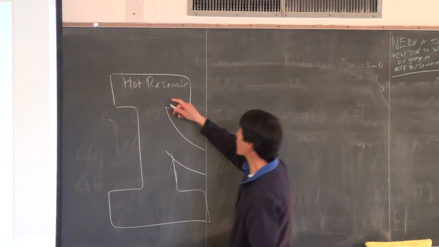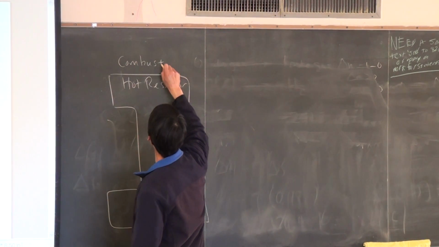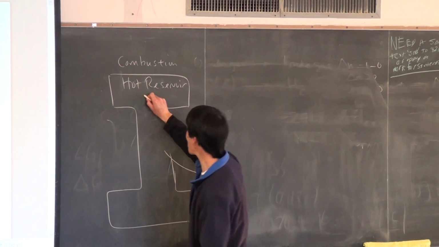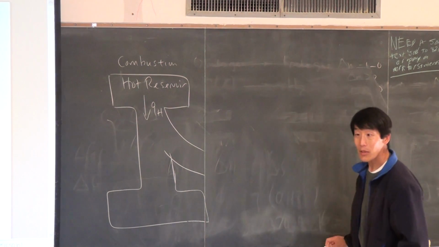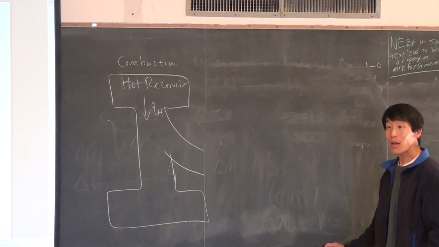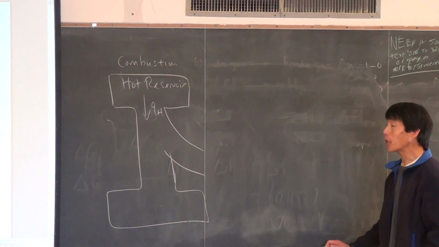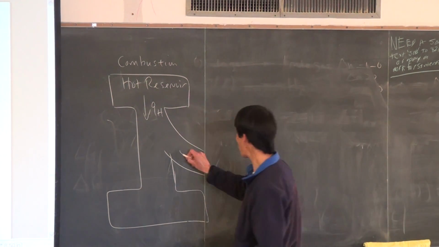Yeah, there's a combustion reaction occurring. So if the combustion reaction is occurring here, what is being produced? Heat. Yeah, heat. So note that heat is being produced. We'll call this QH. So heat is being produced from the hot reservoir. And in a heat engine, we want this heat to be converted into work. So this is where the work goes.